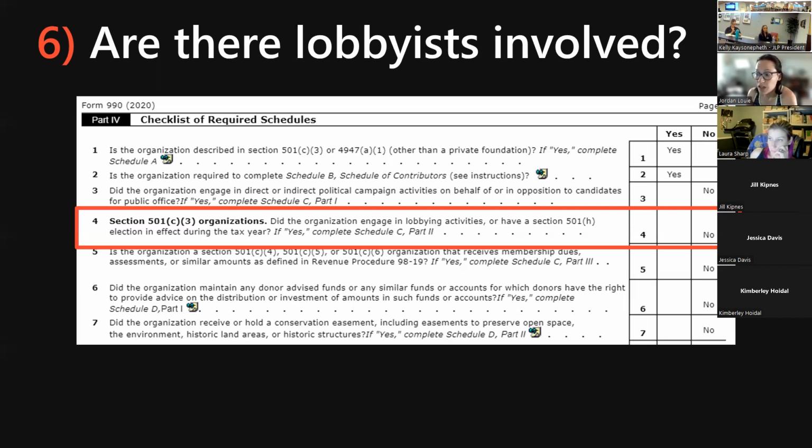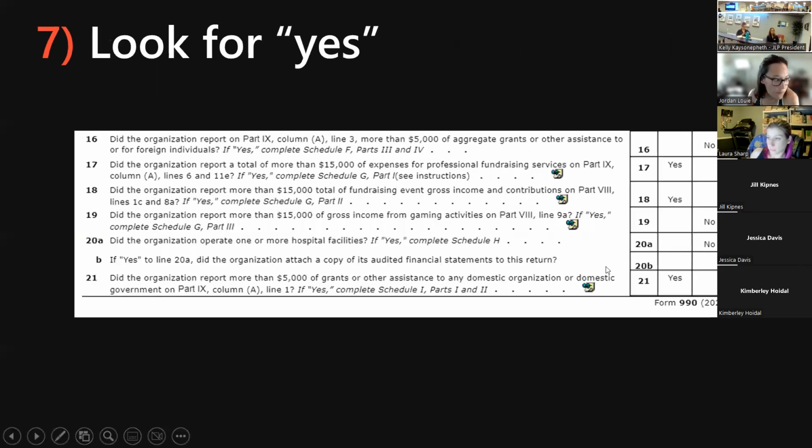You want to check and make sure that lobbying is relevant to the organization's mission. Are there lobbyists involved? Now the next section, Part 4, is really long. My hint for you here is to look for yes. It's going to trigger a separate form filing, and all you need to do is ensure that that makes sense for the purpose of the organization.